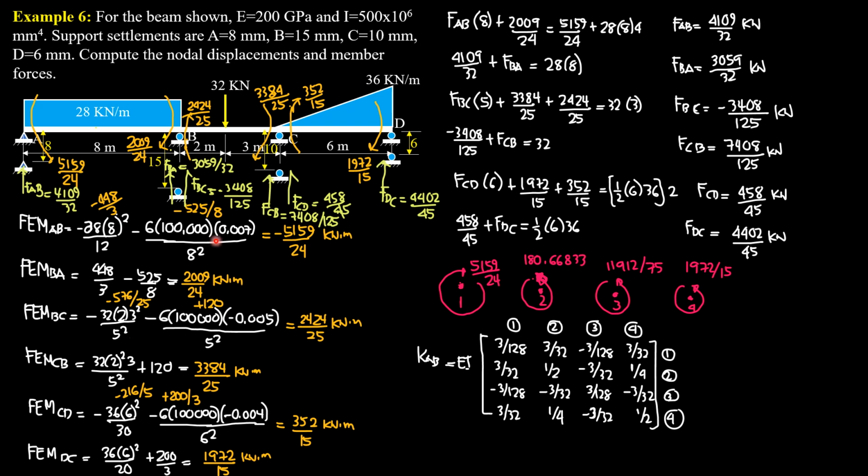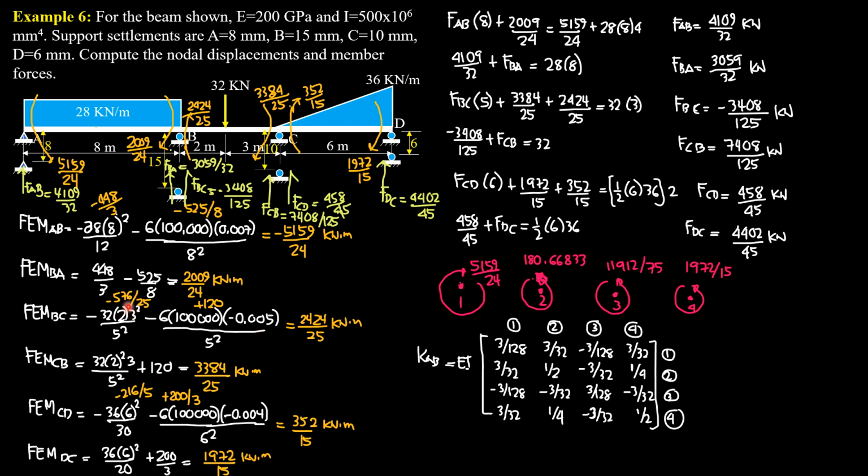Then for the side sway moment, negative 6 EI, 100,000 times 5 mm, which is negative 0.005 meter because the rotation of the chord is counterclockwise. Remember the sign convention for slope deflection, clockwise positive. So that is counterclockwise, so negative 0.005 over L square, 5 square.